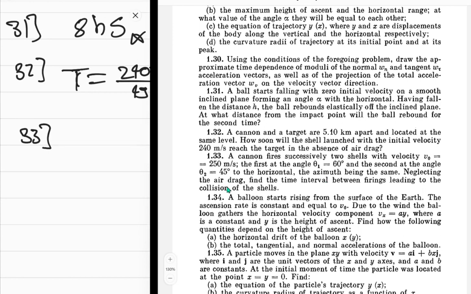There's only one thing that you can vary, that when these are launched, right? Nothing else that you can do. So that only means they are doing this simultaneously. Neglecting the air drag, find the time interval between firing. Wait, what? Okay, I just said it's supposed to be simultaneous and now they are saying time interval. Collision of shells. Okay, now this is suspicious. I don't know what this means. Next.